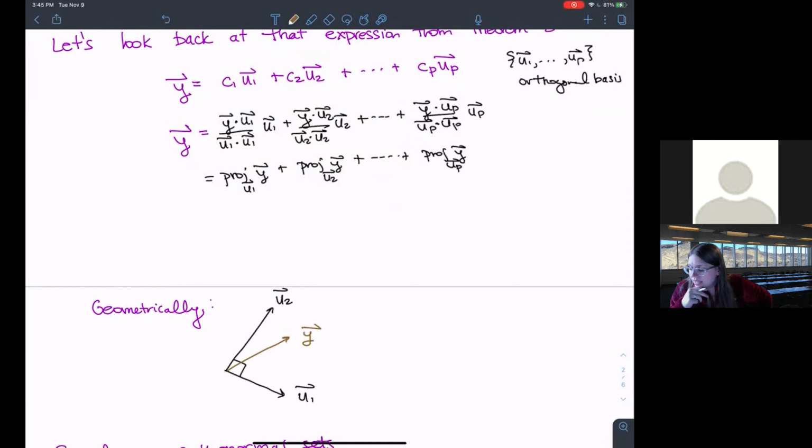Then what I'm saying is that if I want to write y as a linear combination of u1 and u2, I know how to do it. I'm going to first project y onto u1. And then I'm going to project y onto u2.